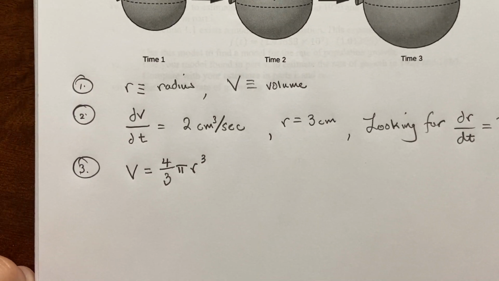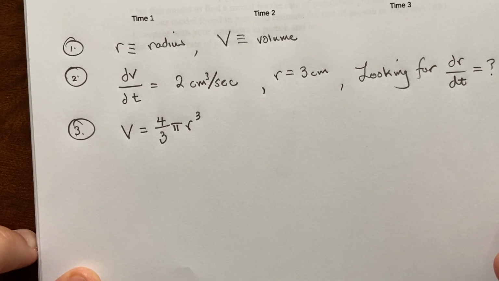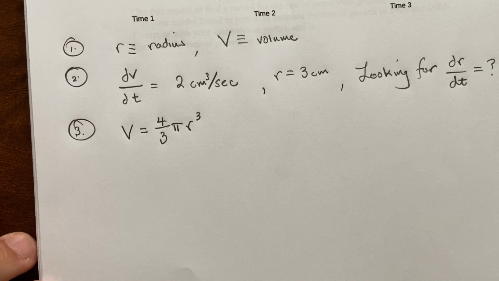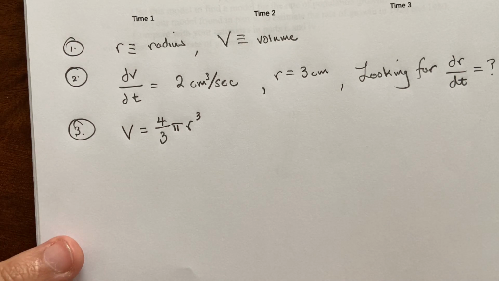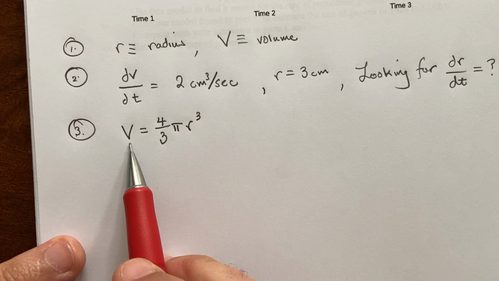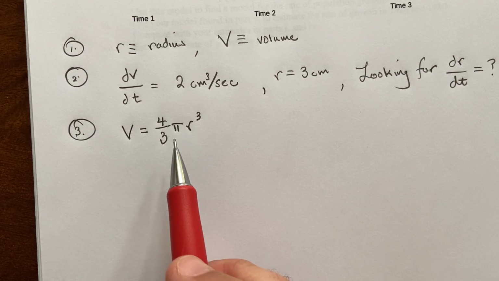So step 4 is using the chain rule, and really implicit differentiation. We're going to differentiate both sides with respect to t. So I'm not differentiating with respect to v or with respect to r.